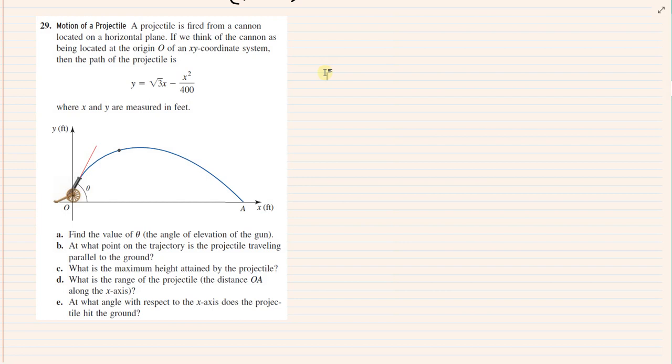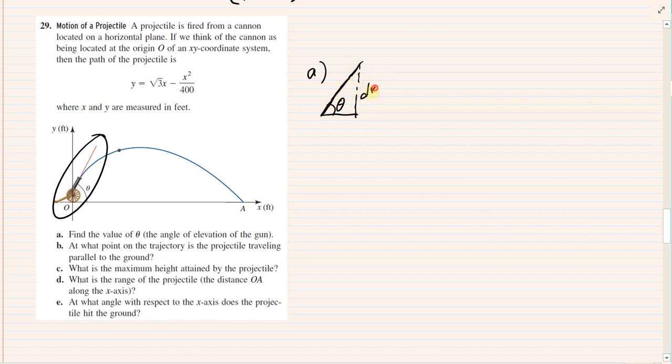Now, in parts A through E. Part A, find the value of the angle of elevation of the gun. Okay, so if you actually look at this portion, we're doing part A. In this portion, we're going to find theta here, right? Now, the angle of elevation, I can think of this as a change in y over change in x, right?